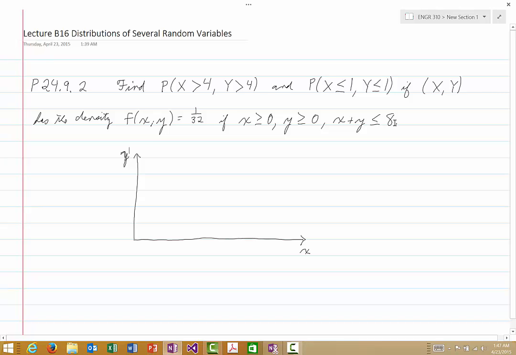Now, if you think about that for a moment, let me put some numbers here on these axes. We'll say 0, 2, 4, 6, and 8, and likewise here 0, 2, 4, 6, and 8. And if you think about it for just a moment, the region that is being discussed here is the following.